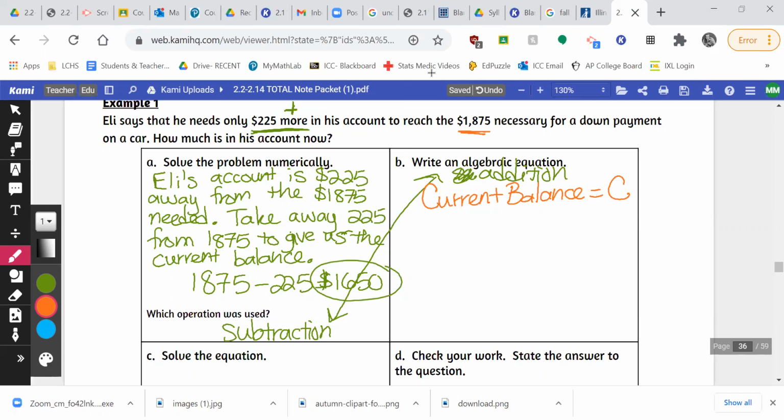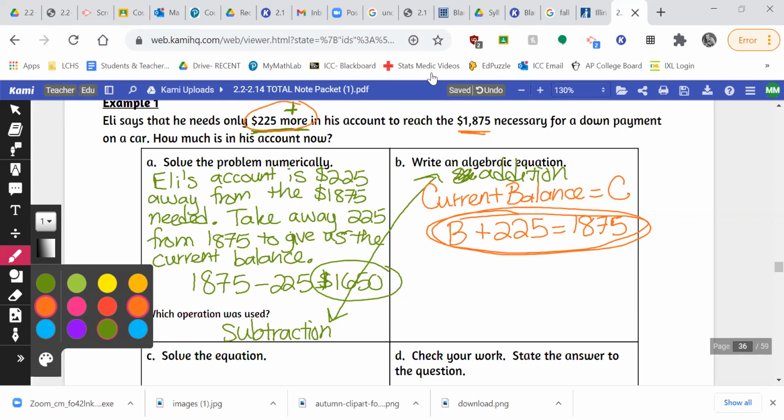So we know that his current amount plus the 225 more will give us the 1875. So our equation is going to look like B plus 225 equals 1875. So this is our algebraic equation.